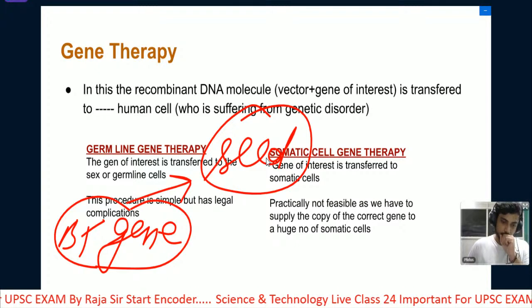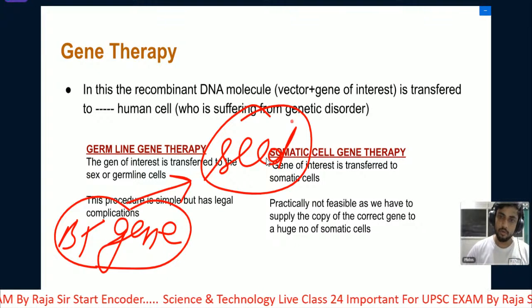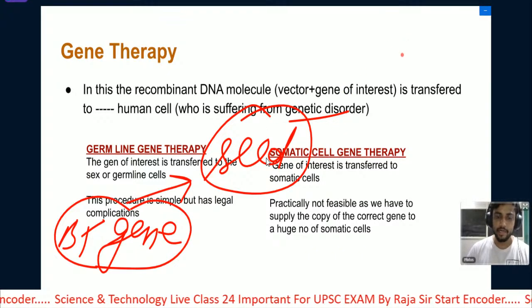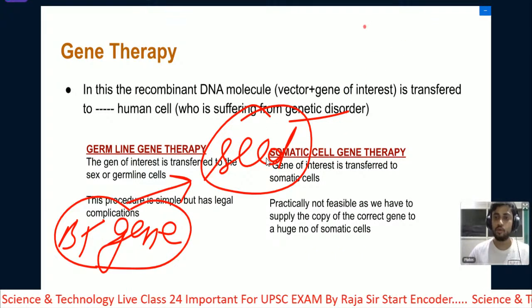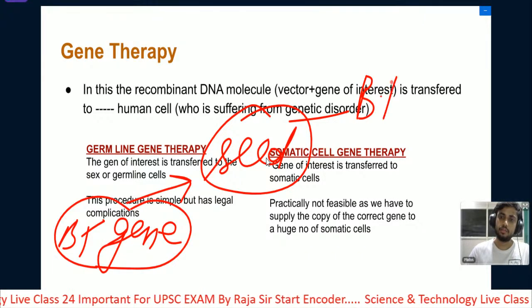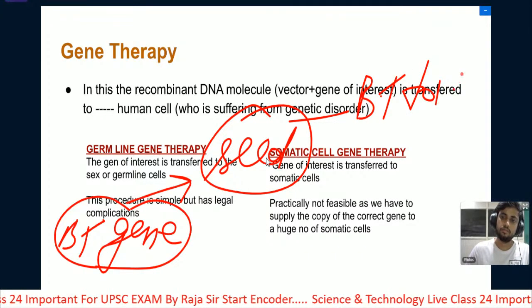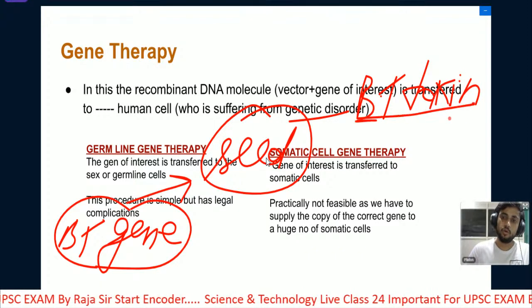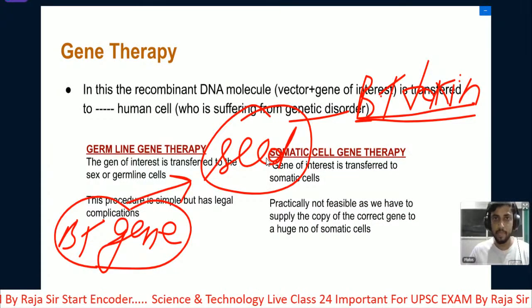Now the crop which will originate from this seed will be naturally pest resistant because it will produce the BT toxin.